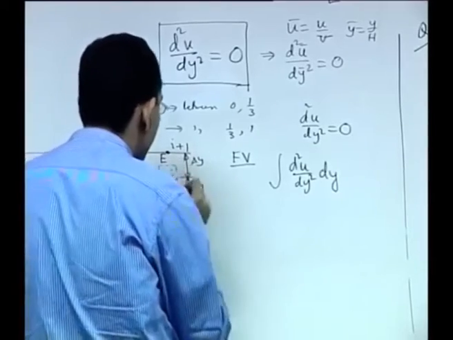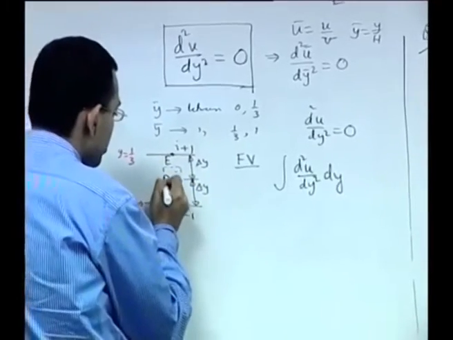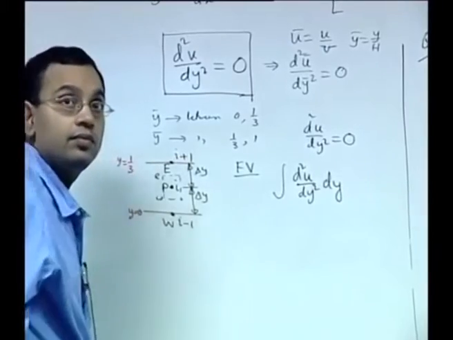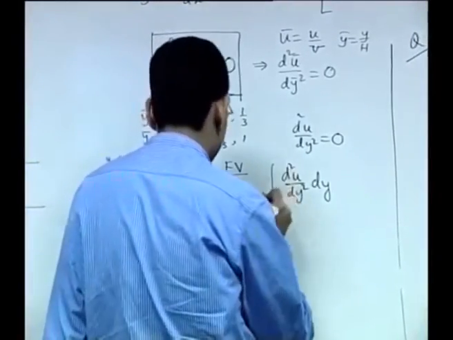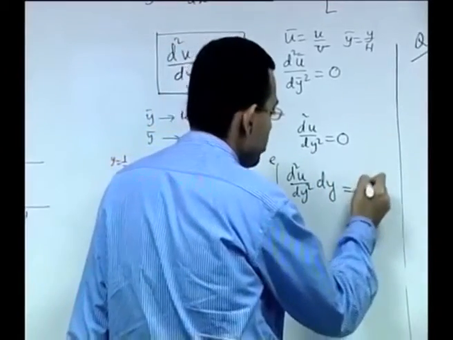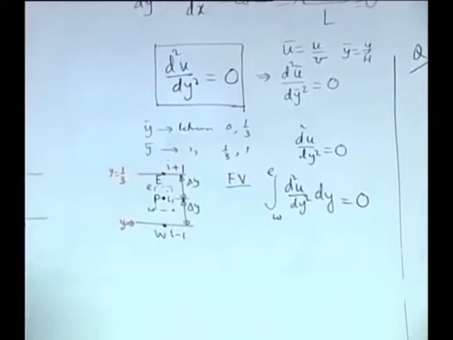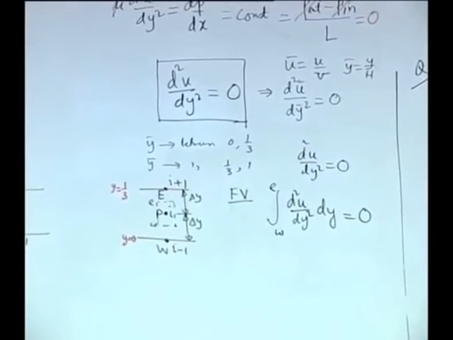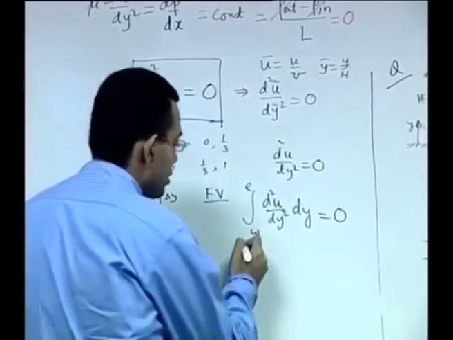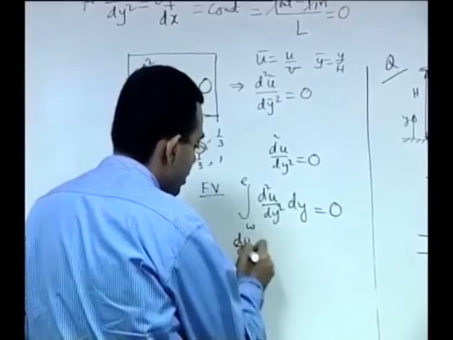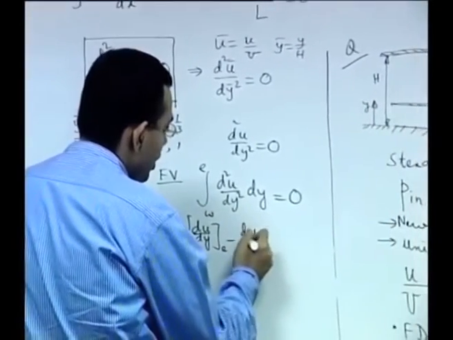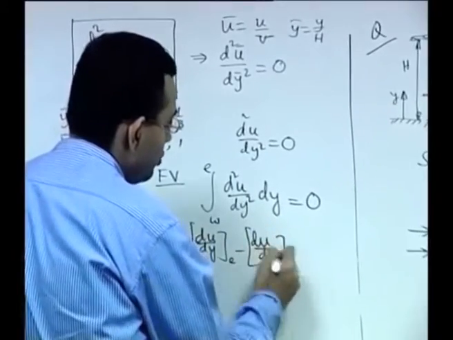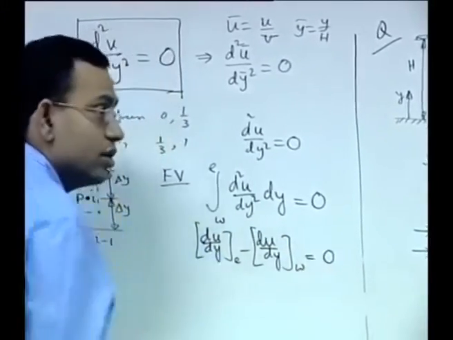Your control volume faces are small w and small e. So, integrate from small w to small e, this is equal to 0. That means you have du dy at small e minus du dy at small w is equal to 0.